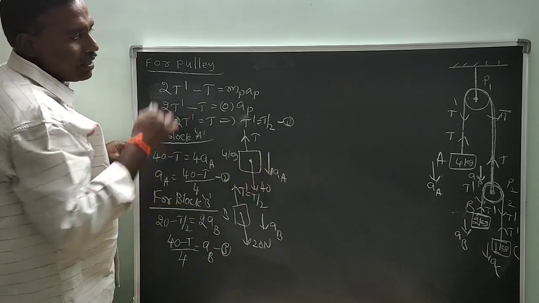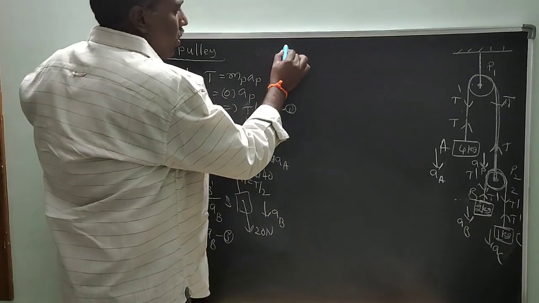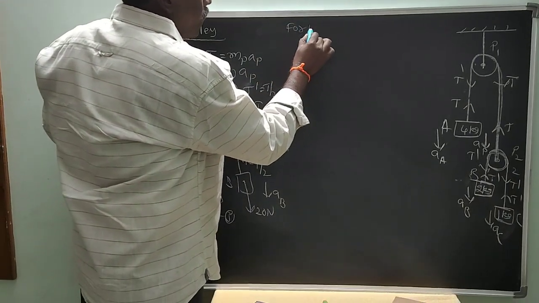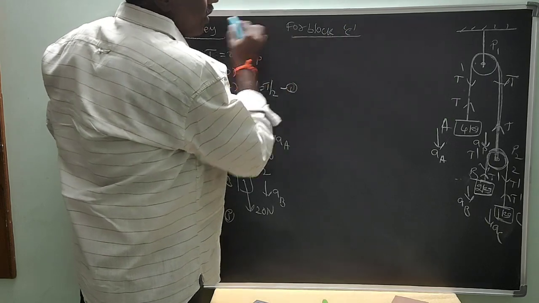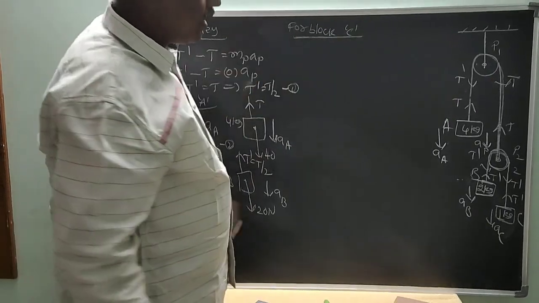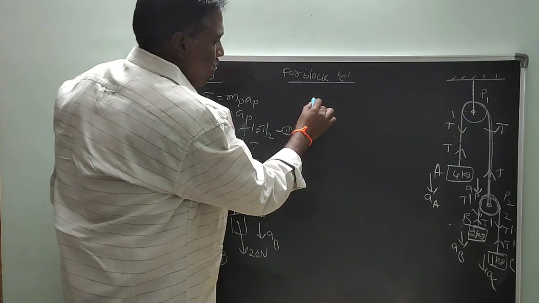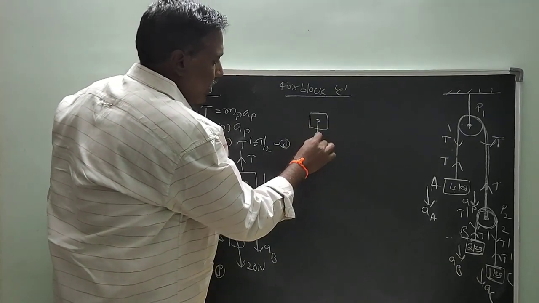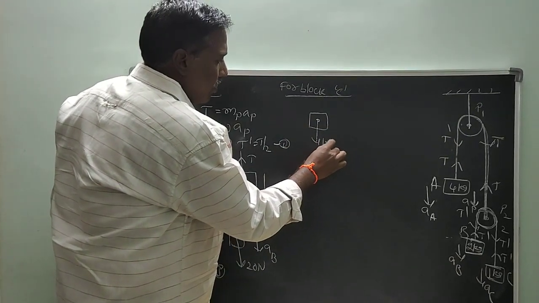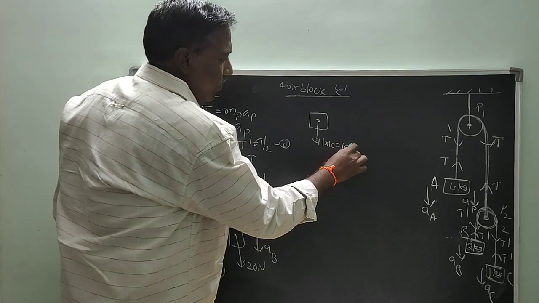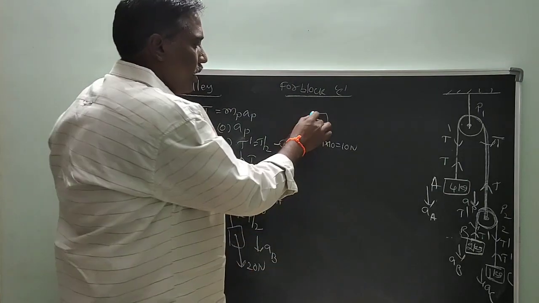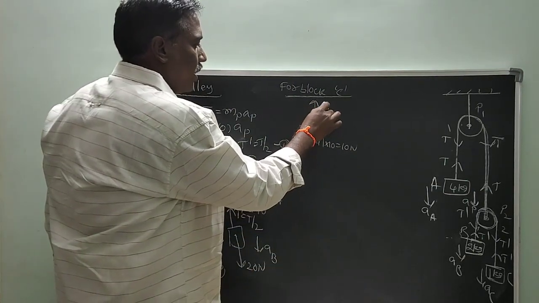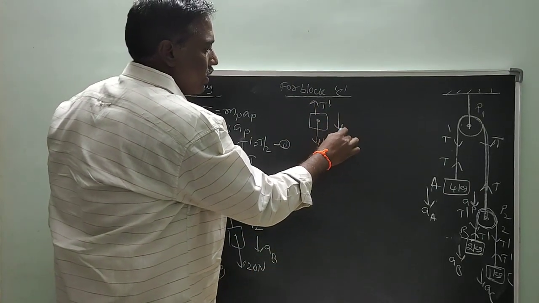The remaining one is the 1 kg block. For block C, its weight acts downward, 1 times 10 newtons. Tension T dash acts in the upward direction, and its acceleration AC is downward.